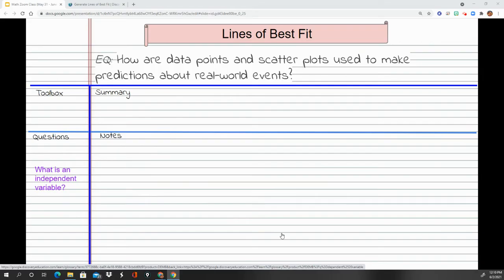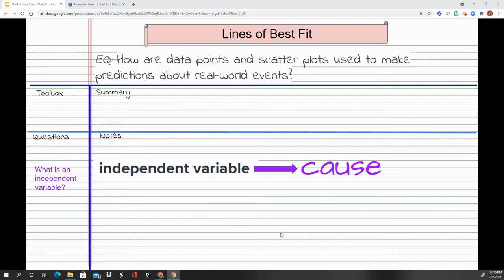What is an independent variable? To define an independent variable, in this slideshow, which you have access to in Google Classroom, you can click on the word independent variable and it'll bring up the definition in Discovery Ed. But basically, think about the independent variable as something like the cause of something.